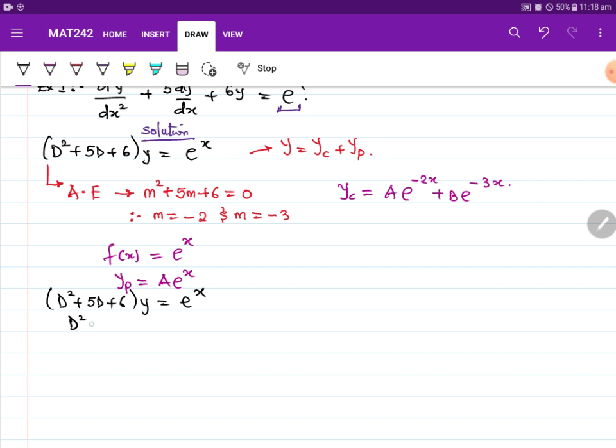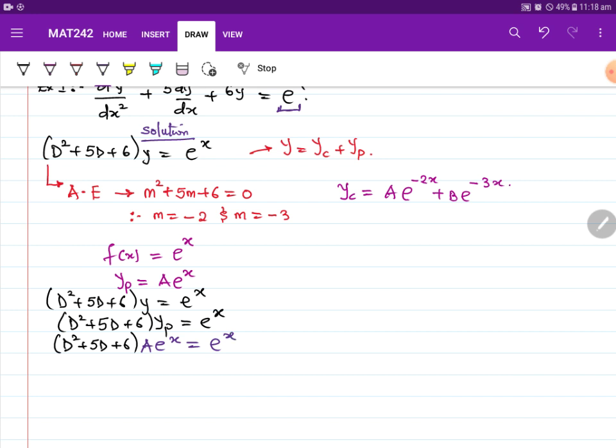Now we are looking for the particular integral, particular solution. Then this yp is what? My yp is A exponential x. So I have it to be d squared plus 5d plus 6 on yp, capital A exponential x, is equal to exponential x.